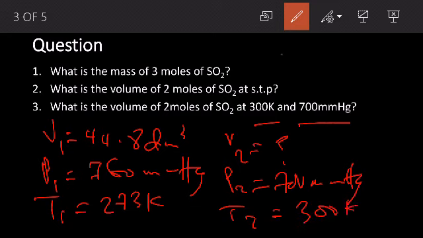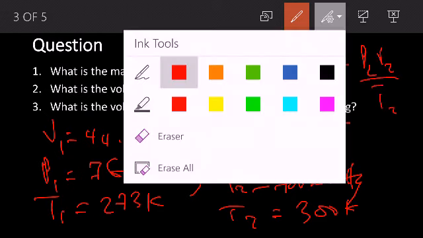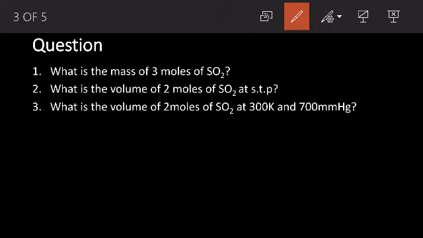Okay, so using the general gas law, we have that P1 V1 all over T1 is equal to P2 V2 all over T2. You can write that down. Now if we make V2 the subject of formula, we are going to get that V2 is equal to P1 V1 T2 all over P2 T1.